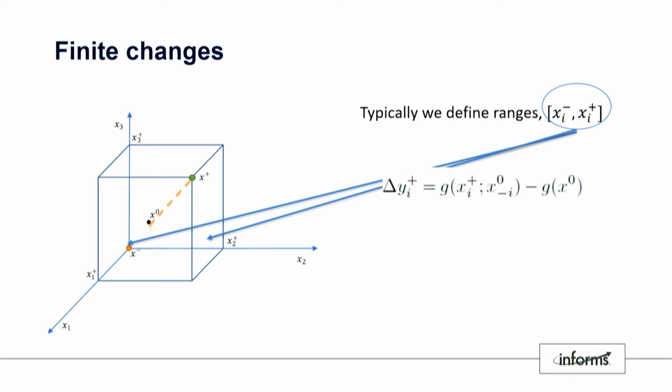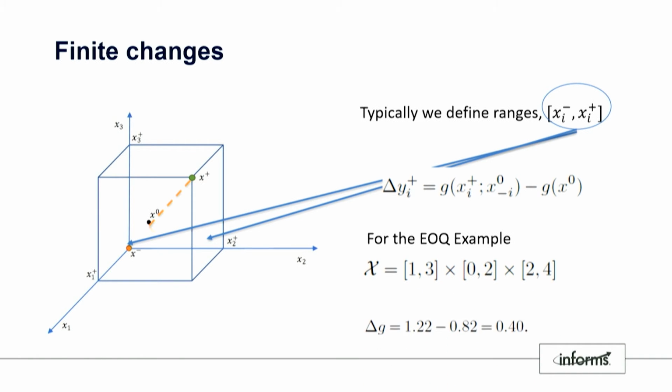And what happens if you let the inputs undergo these changes? What you do is you inspect this hypercube, okay? But if you vary from x0 to x plus, you have this finite change, g at the point x plus minus g at x0, and you would like to understand why, to explain this finite change.